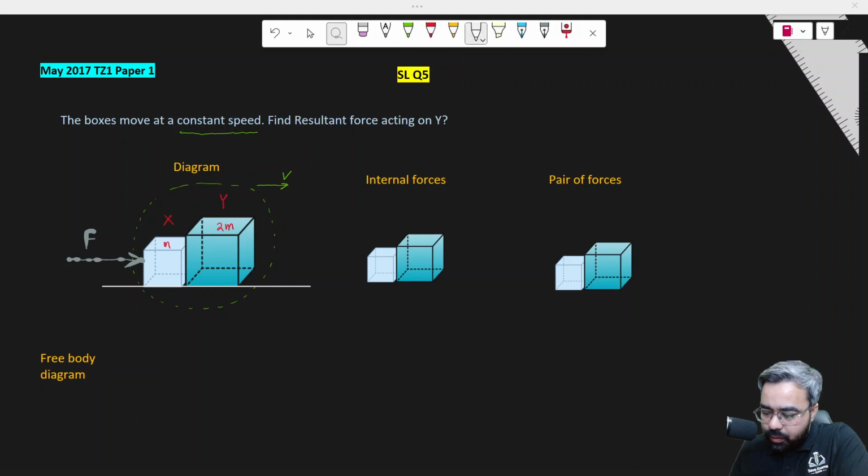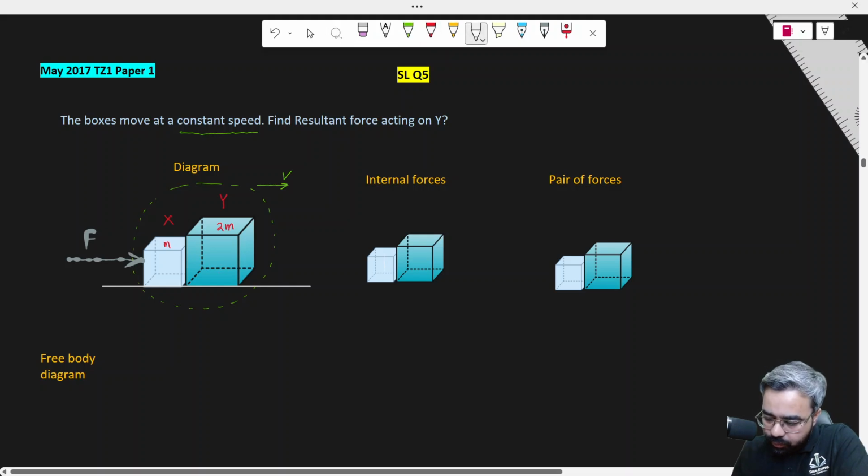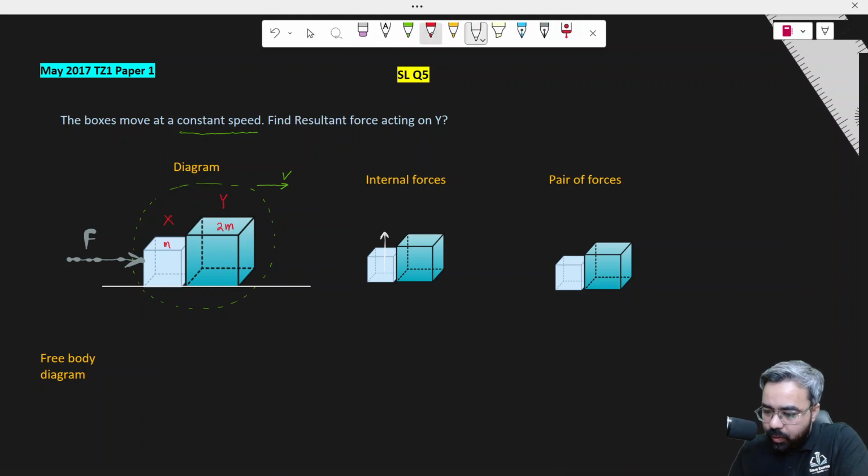So dear students, you know that this is a force applied by the ground or by the floor on this mass m, which is equal to the force of gravity, the weight of this box. So it is mg; this is normal force 1, equal to mg.